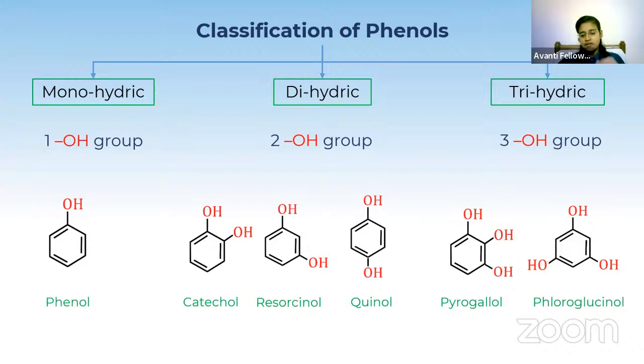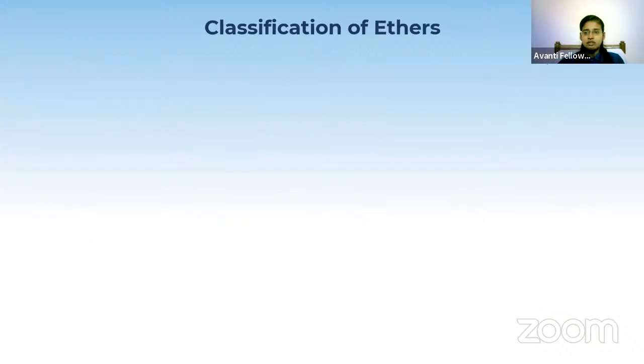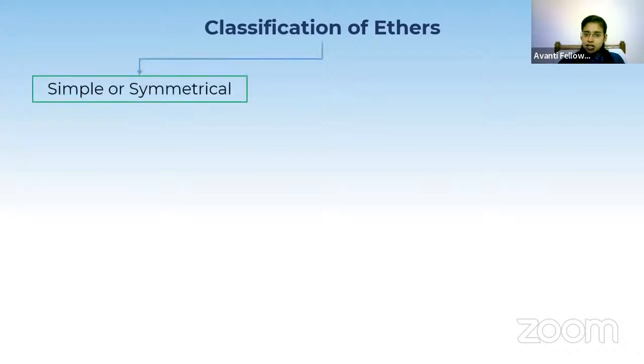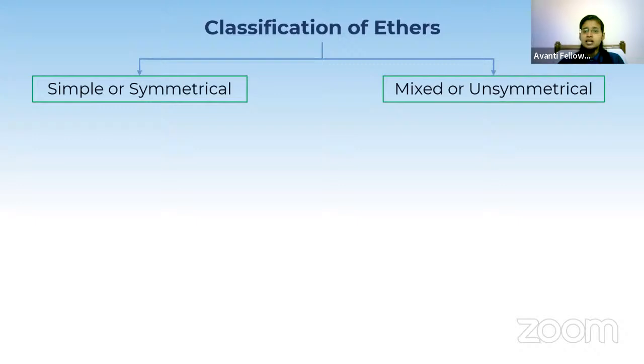Next, I will enter into the classification of ether. I hope all of you are able to understand the classification of phenol. Now, ethers are classified into two: one is simple or symmetrical ether, and the other is mixed or unsymmetrical ether.